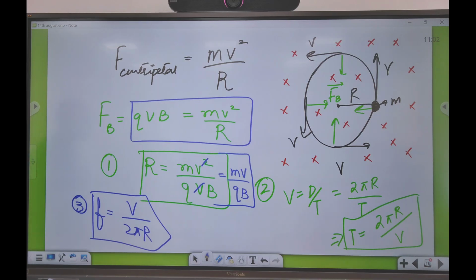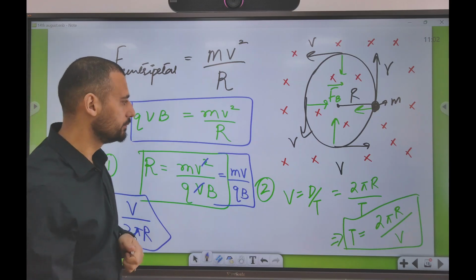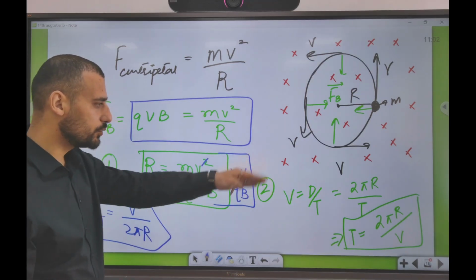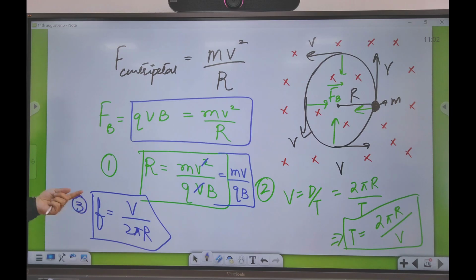Write everything down, we'll go for a numerical. This is the radius mv upon qb, time period 2 pi r upon v, frequency v upon 2 pi r. Okay?